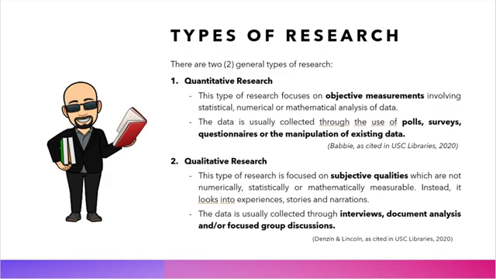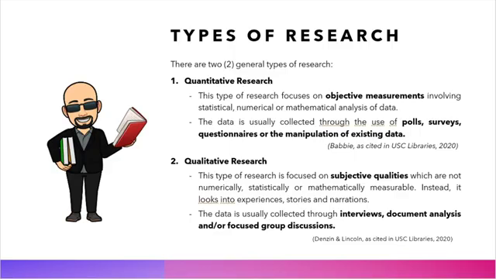The first one is quantitative research, and Babbie, as cited in USC Libraries in 2020, understands quantitative research as more of an objective measurement, which involves the use of statistical, numerical, or mathematical analysis of data.